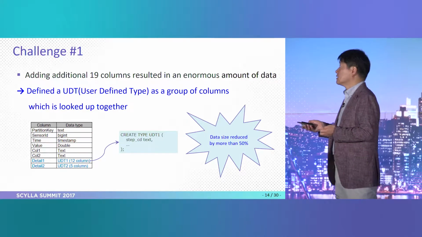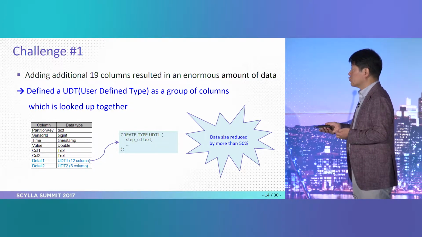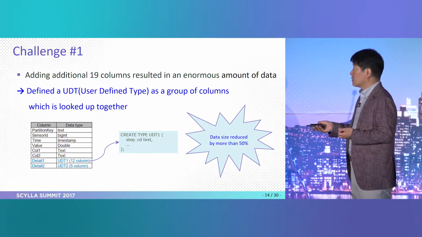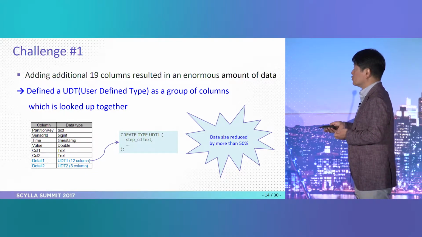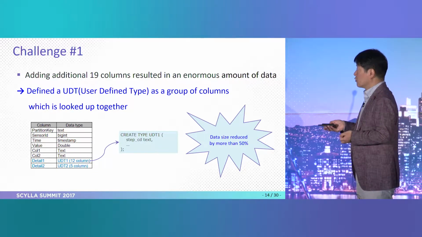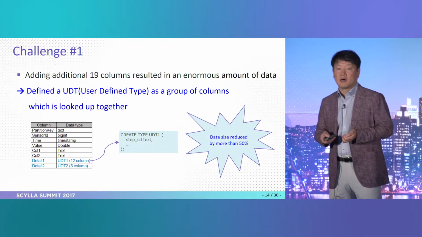So our solution is to define a user-defined type as a group of columns. As you can see, we added 2 user-defined type columns through analyzing the use cases.